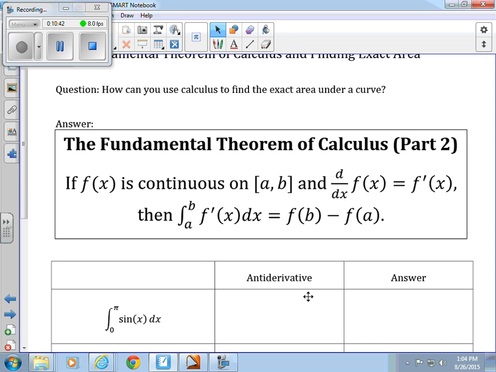It doesn't just come to you, like, oh, this would help me find area. If you explain it: to find the exact area from A to B, you find the antiderivative and plug in B, and then you find the antiderivative and plug in A, and that gives you the exact area.